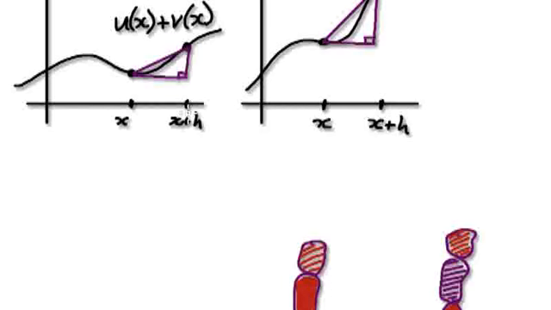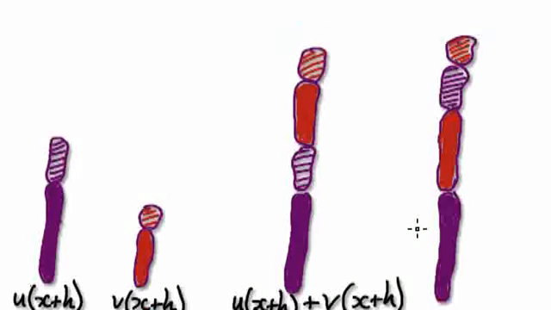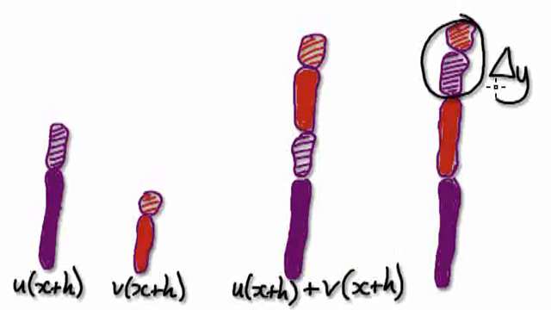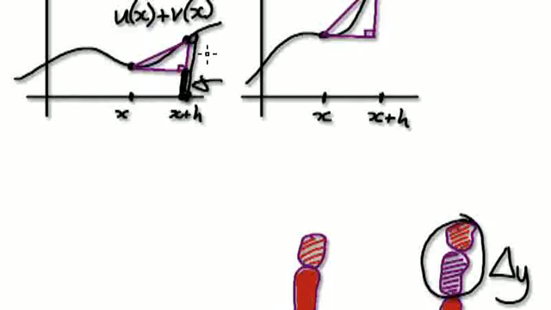So basically you would work out your whole height here and then take away your normal u of x plus v of x here. So looking at this diagram, this is your delta y. This is your change in y.